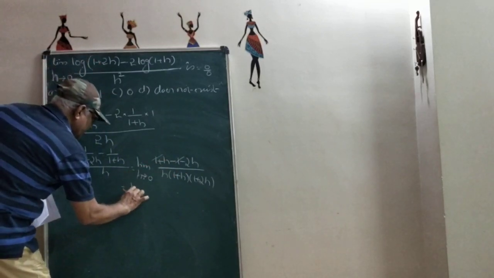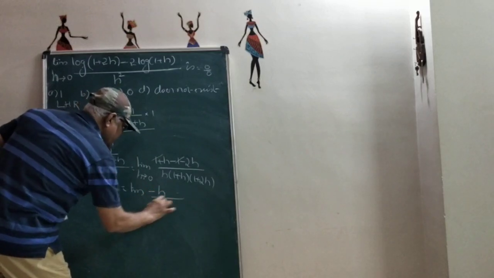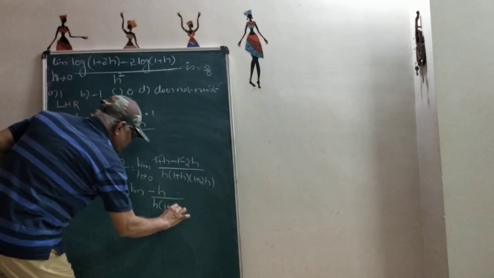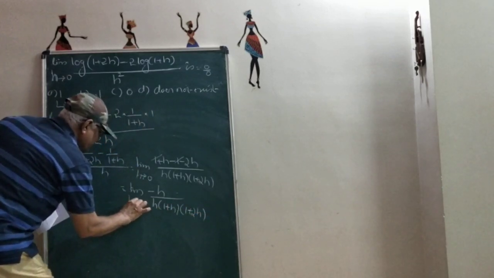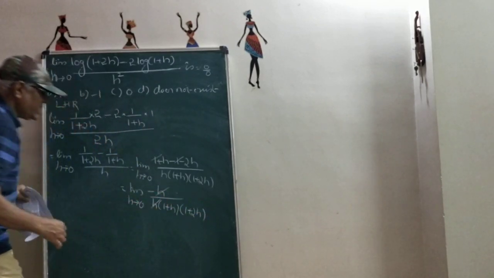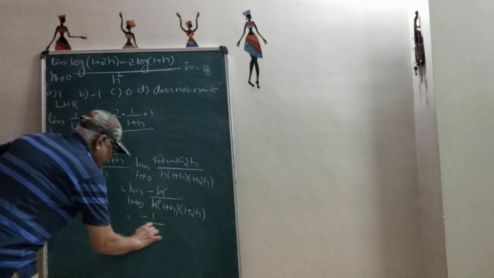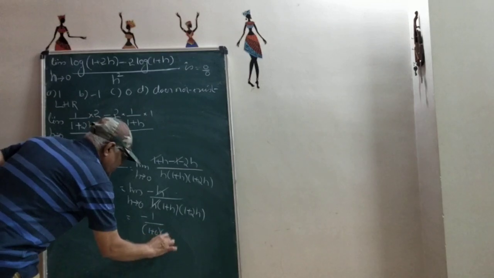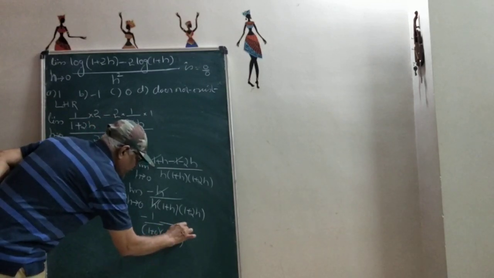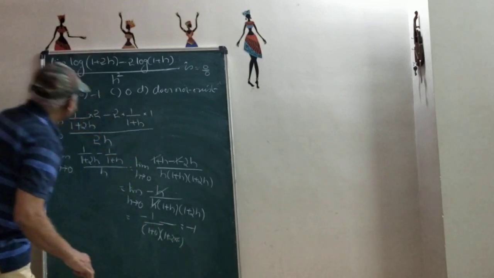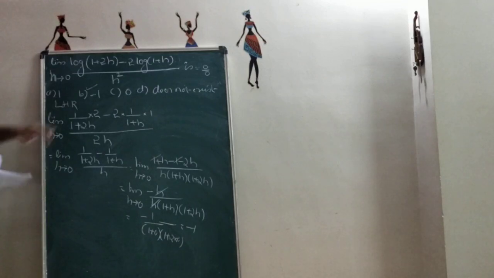So that's equal to limit of h minus 2h, which means minus h, divided by h into the bracket 1 plus h into 1 plus 2h, as h tends to 0. Now this h and h get cancelled. Now wherever h is there, put h equal to 0. Minus 1 divided by 1 plus 0 and into 1 plus 2 into 0 is equal to how much here? Minus 1 is the answer. That is the second option is the answer.